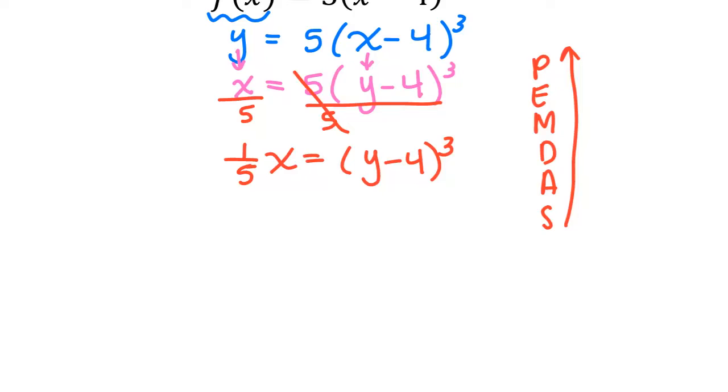To get rid of the cube, it's called the cube root. So you put a little 3 in the index, and then you draw your radical. So the 3 is kind of like on the V part of the radical. And you do it to both sides. That's called the cube root. Instead of square root, it's called a cube root because we're getting rid of a cube.